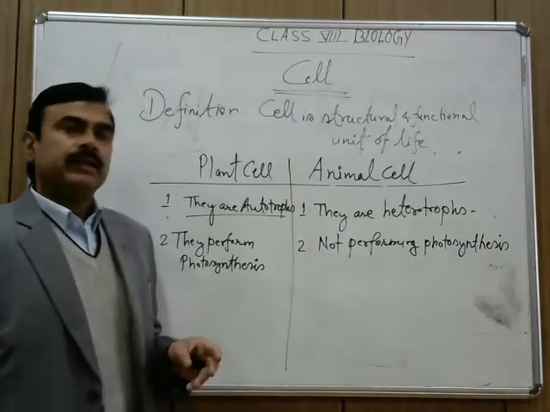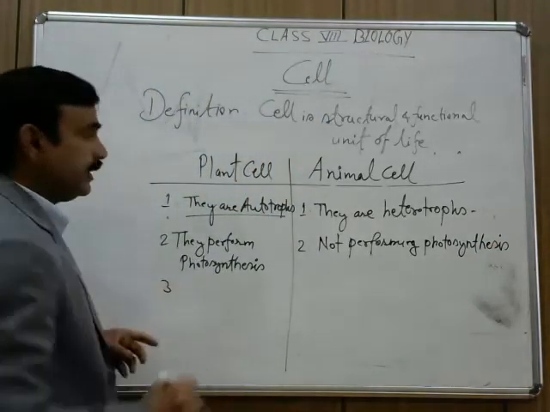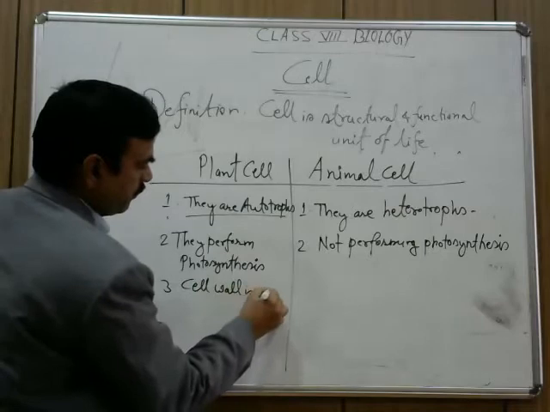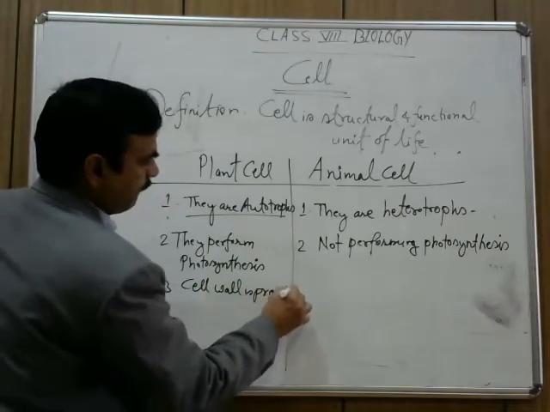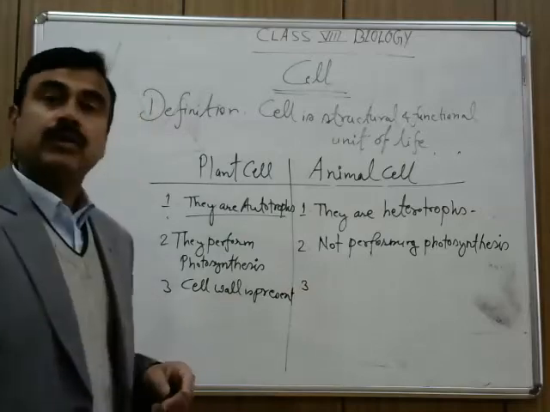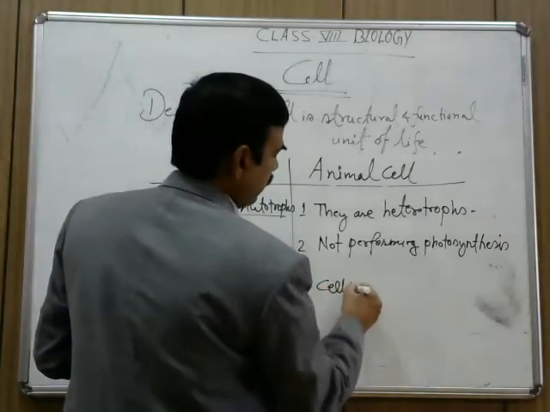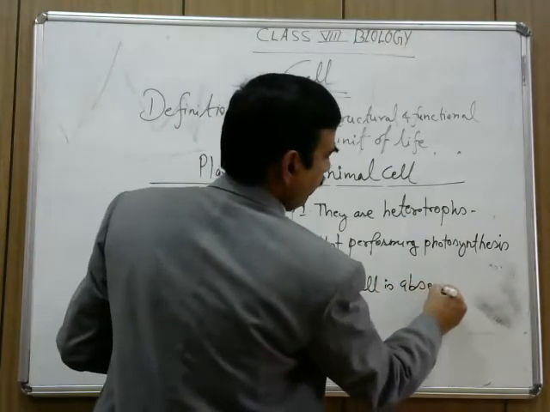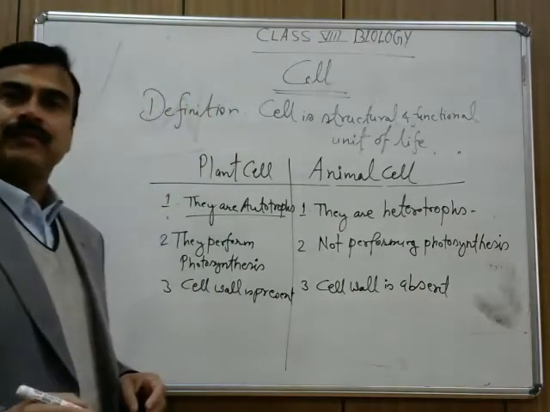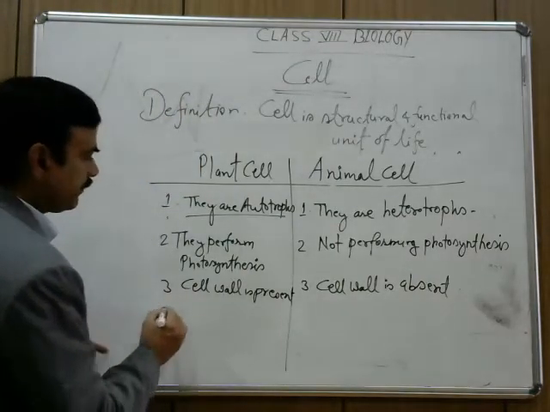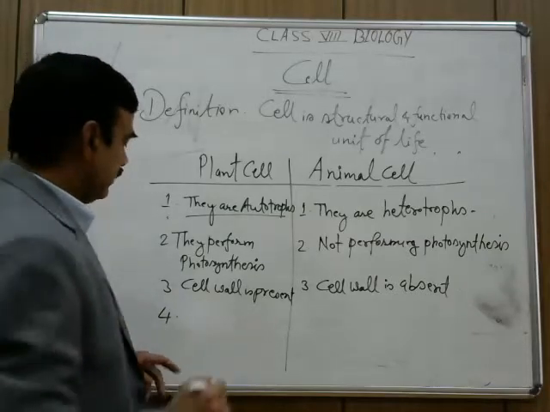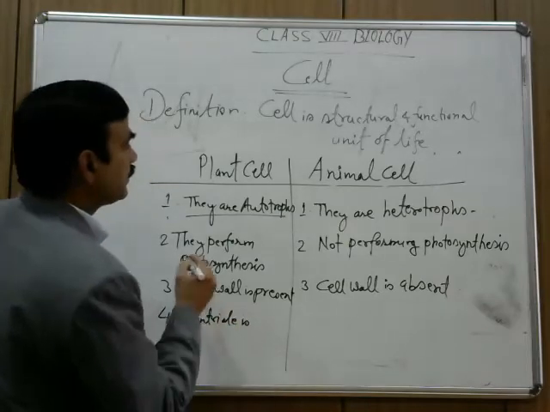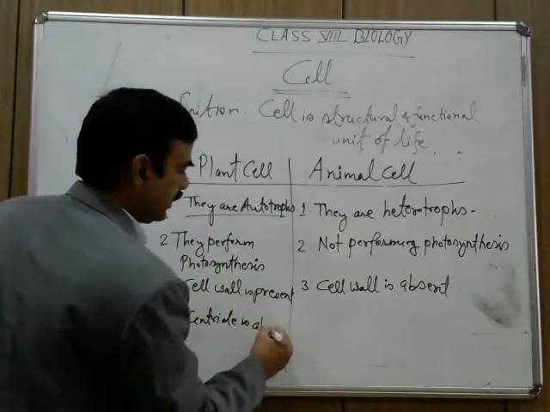Okay? Number 3. In the plant cell, the cell wall is present. In the animal cell, the cell wall is absent. You can write the centriole is absent here. Absent.